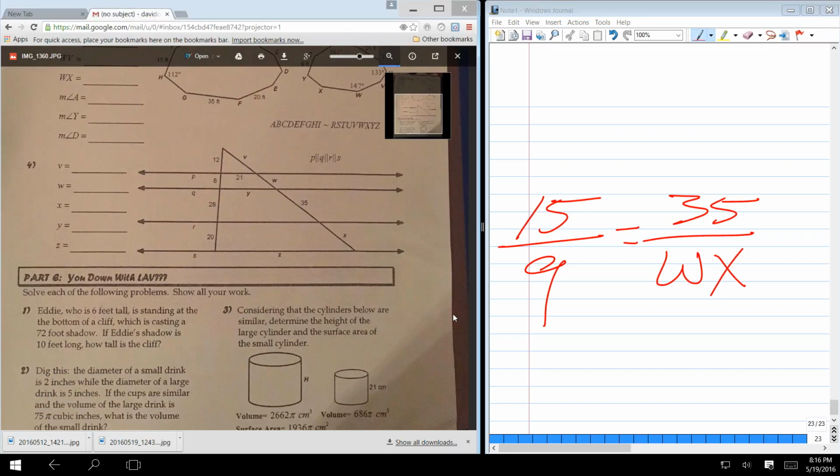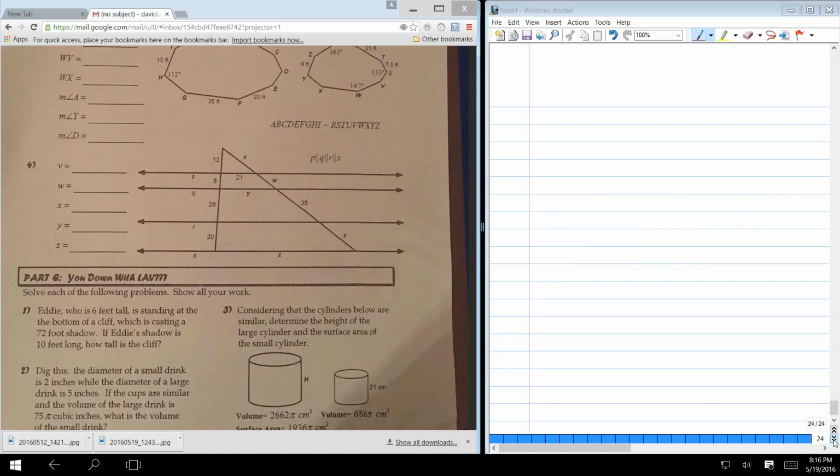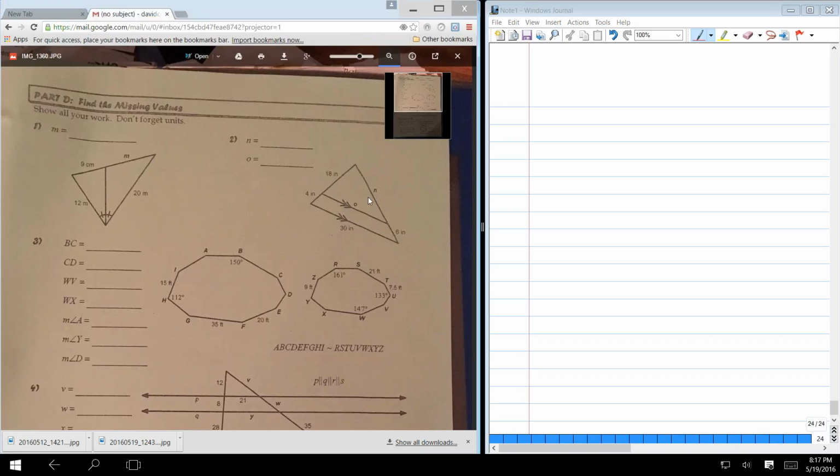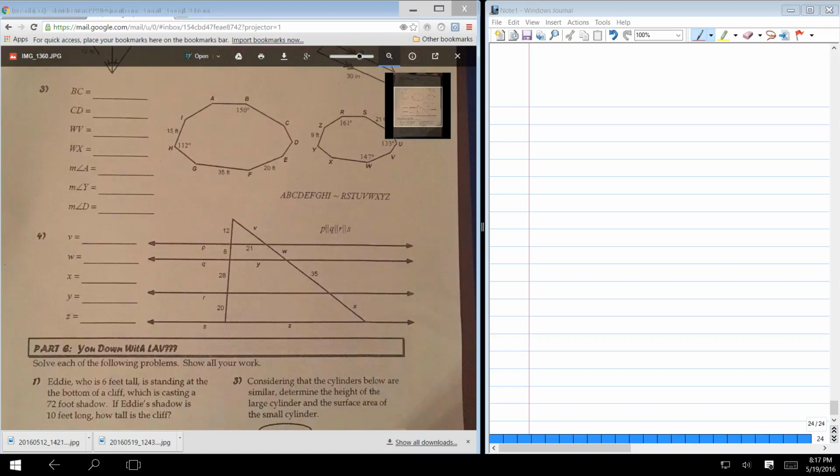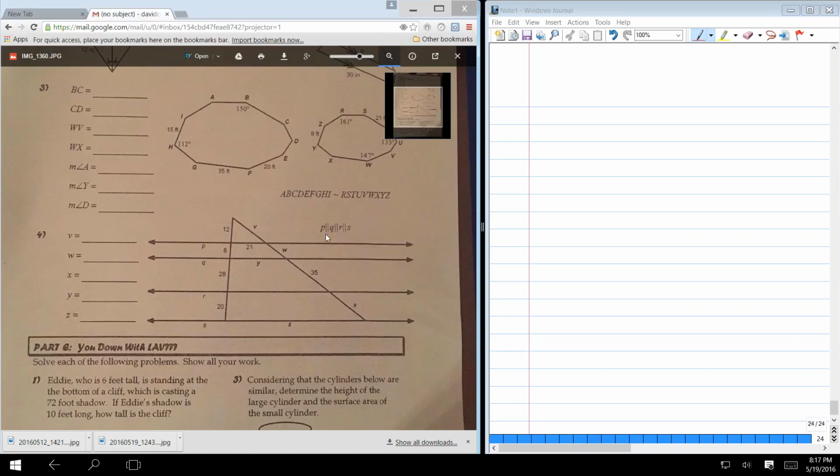These are long problems, but maybe not as long as I think. What ratio do we know? Let's see here. They're all parallel. In other words, P is parallel to Q is parallel to R is parallel to S. So this is going to be very similar to the problem up here on the right. You've got a triangle that's being cut by all these parallel lines.